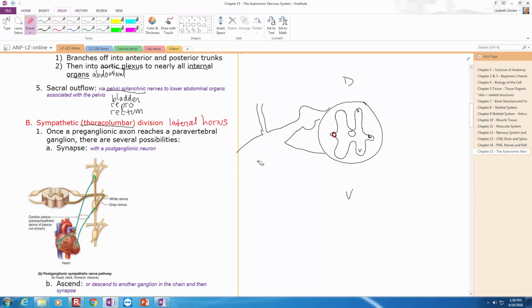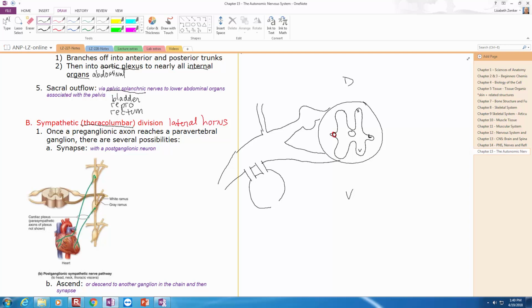As I come off of here, I'm going to have two other pathways. And this circular guy here is going to be our ganglion. I'm leaving an open spot there, but for now, if you want to pretend that's a closed circle, you can.